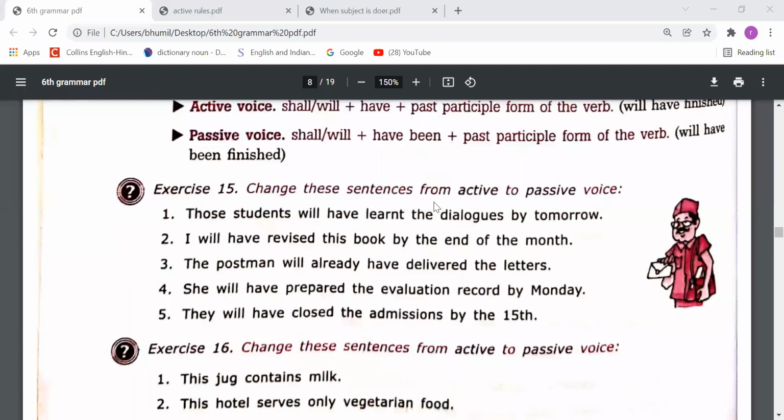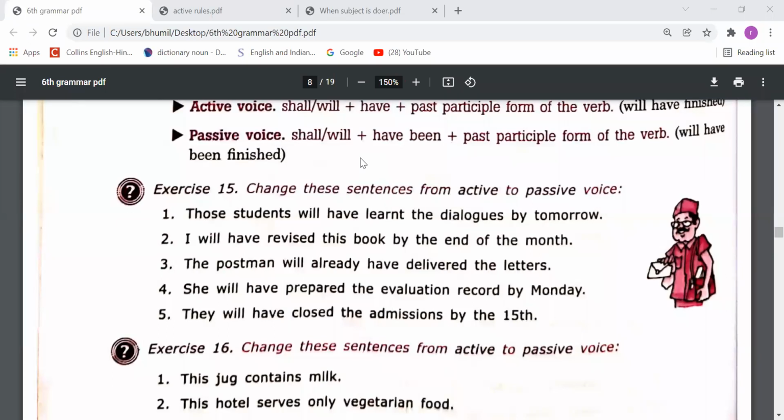So who will let me know about these sentences? Something I tell you. Those students, these are the subjects. And the dialogues, so these two words are the object. Right? So how will you change? Please let me know. Who can give me the answer of this sentence? Let me see that.